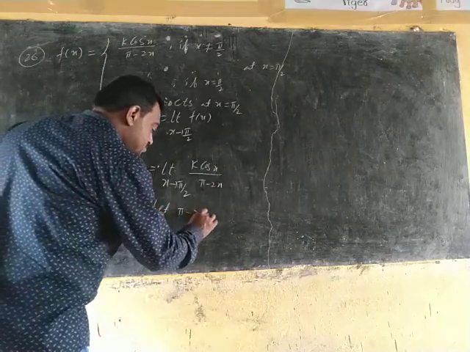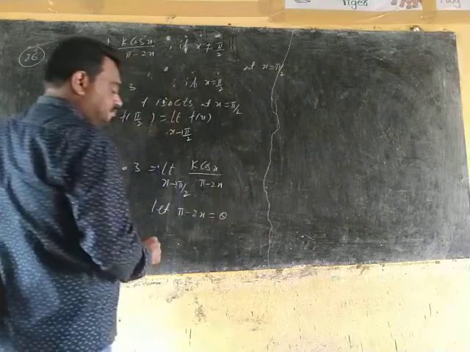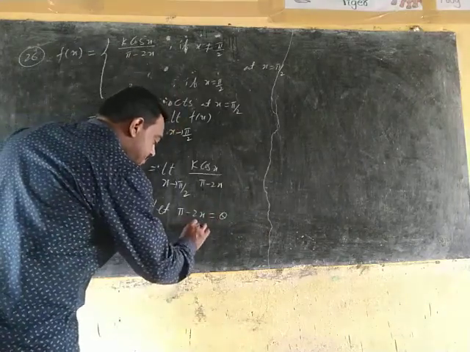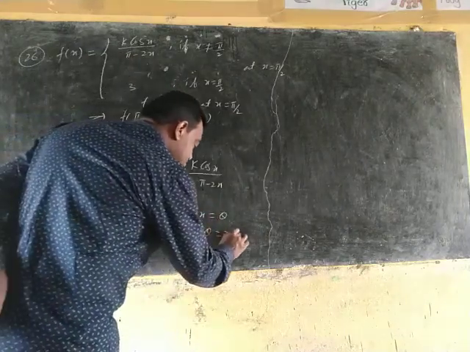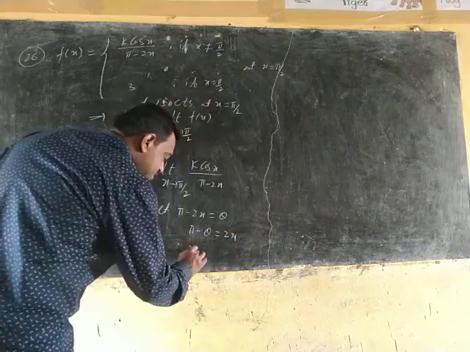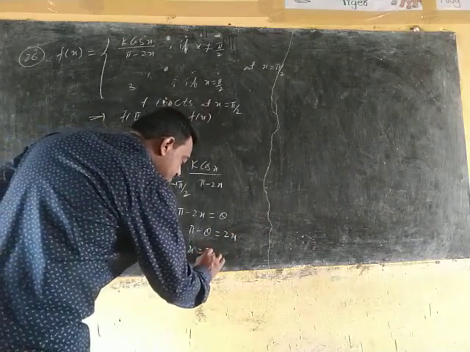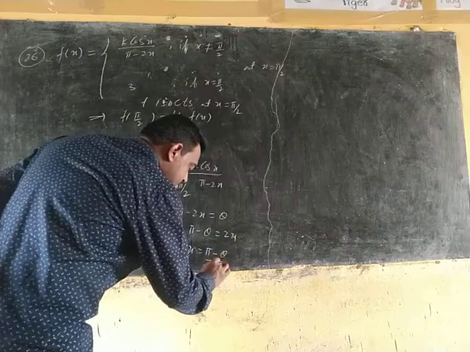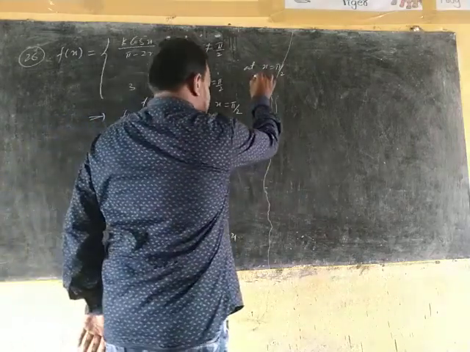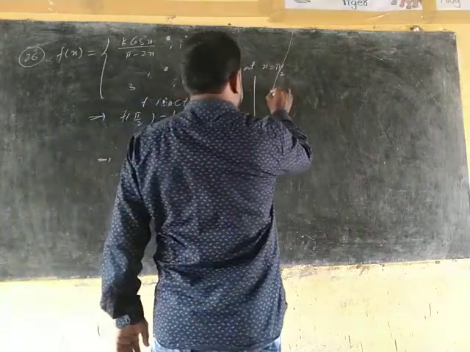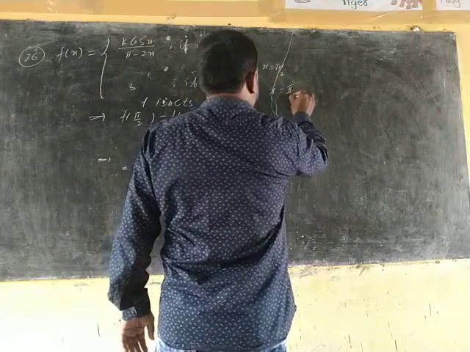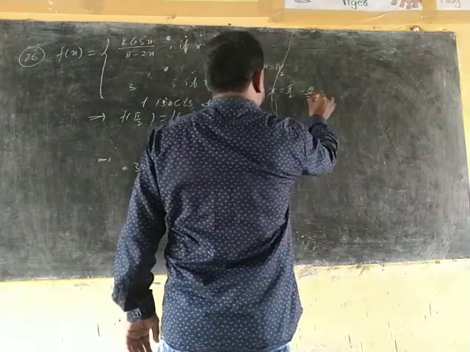So by changing the variable, let pi minus 2x be theta. Then pi minus theta is equal to 2x, so x is equal to pi minus theta by 2, that is x equals pi by 2 minus theta by 2.